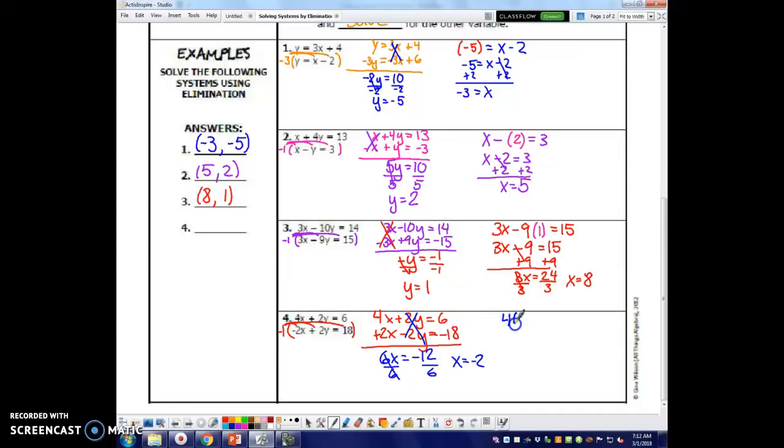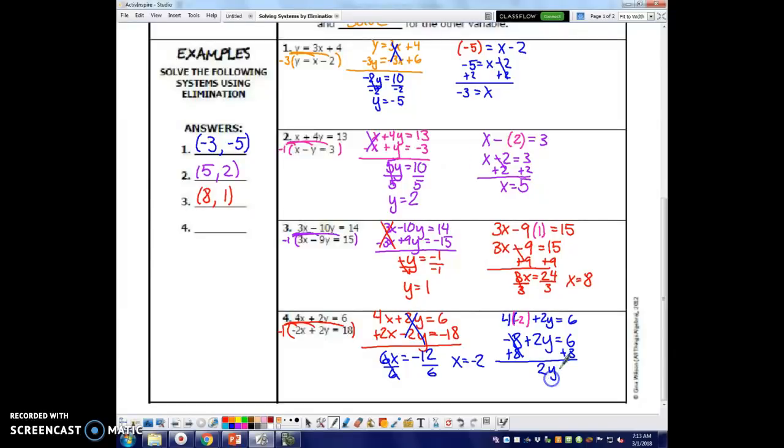So it's 4 times what? Times that negative 2 instead of x. So 4 times negative 2 plus 2y equals 6. What's 4 times negative 2? Negative 8 plus 2y equals 6. So now we need to add this 8 to both sides because we're trying to get y by itself.